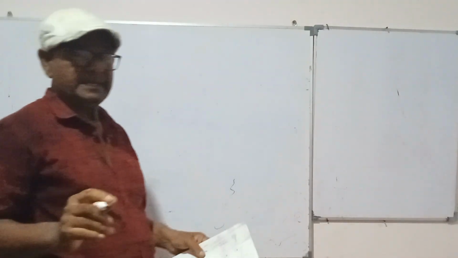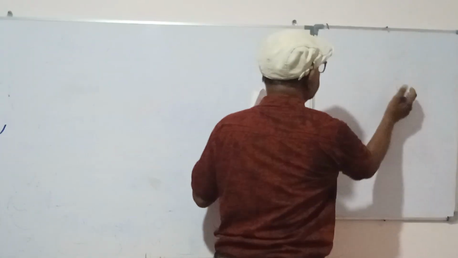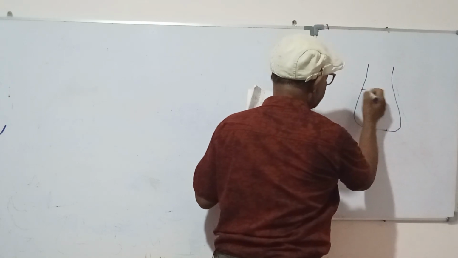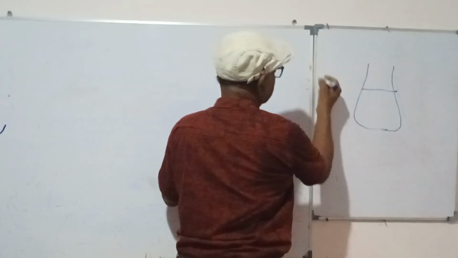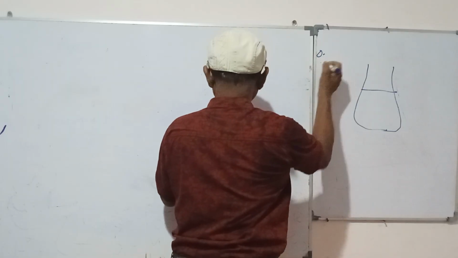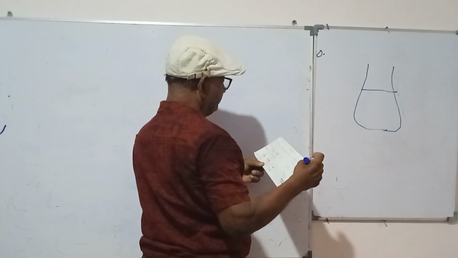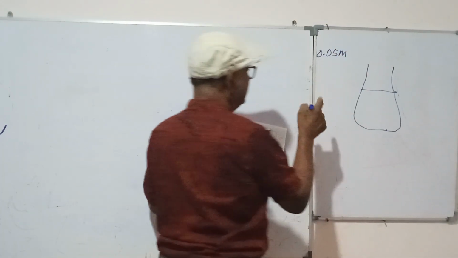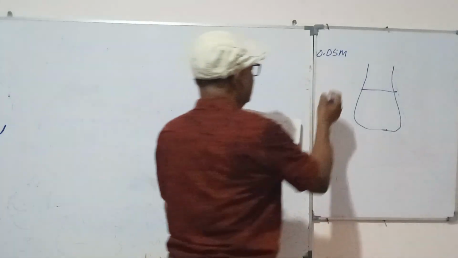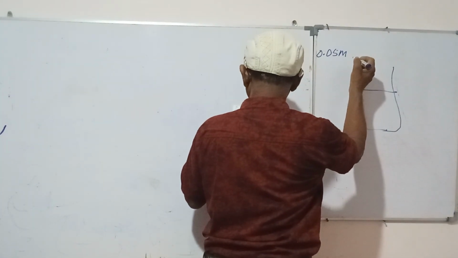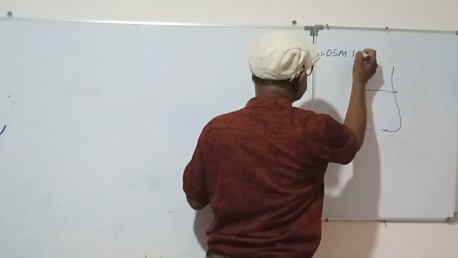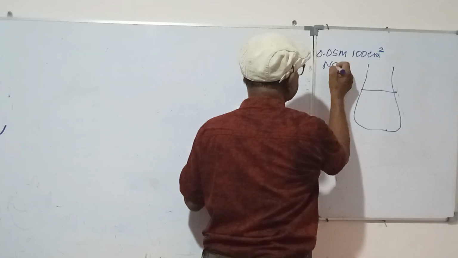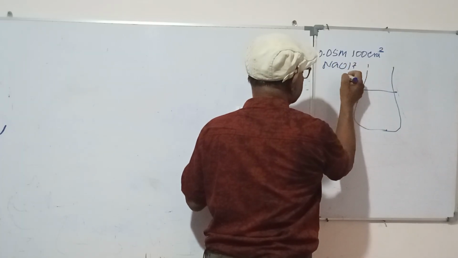So, a problem is given. This is a flask. It contains 100 cubic centimeters of 0.5 M NaOH, sodium hydroxide.